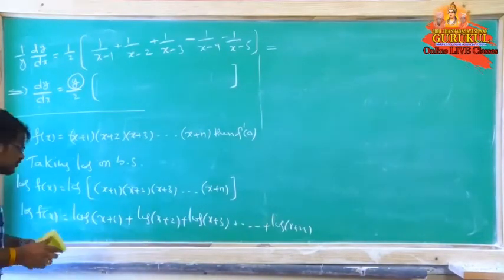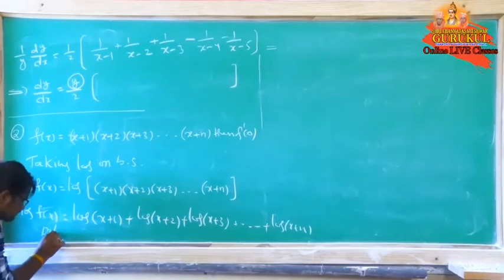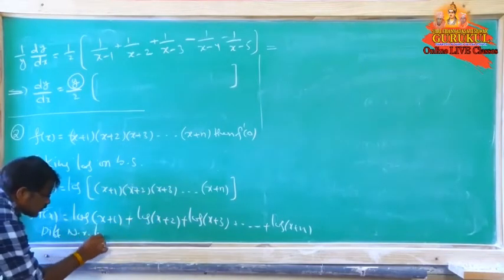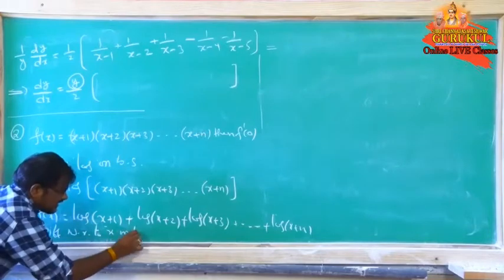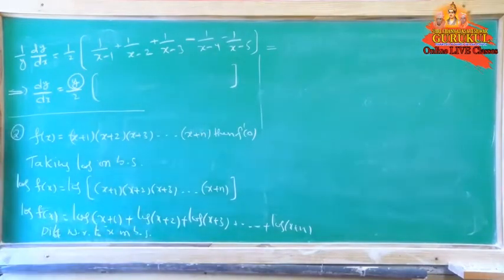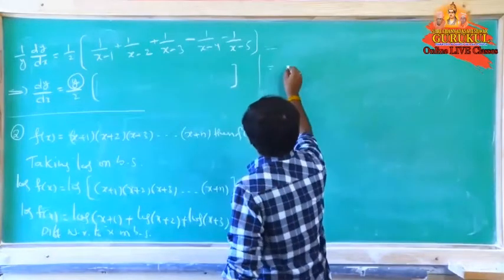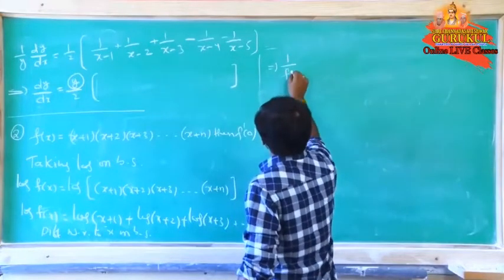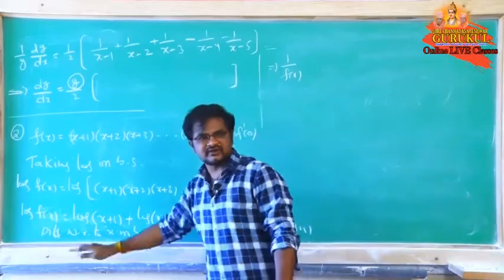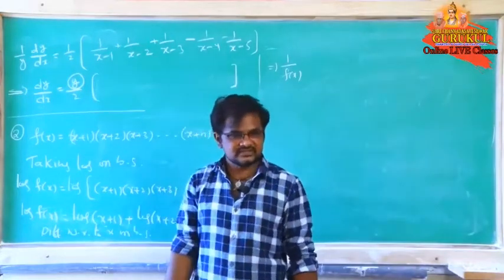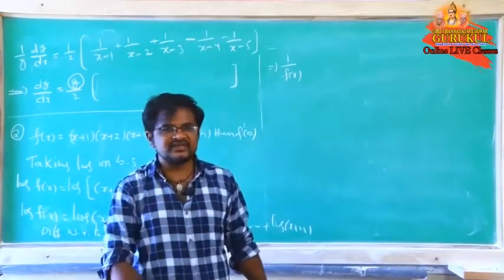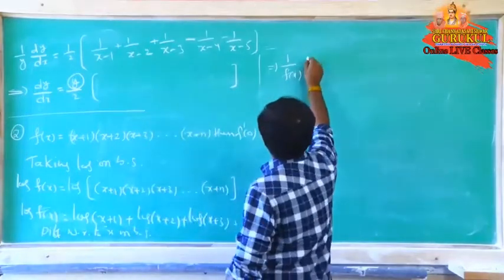And now what we have to do? Differentiating with respect to x on both the sides. Differentiation of log f of x is 1 by f of x, again differentiation of f of x, f dash of x.